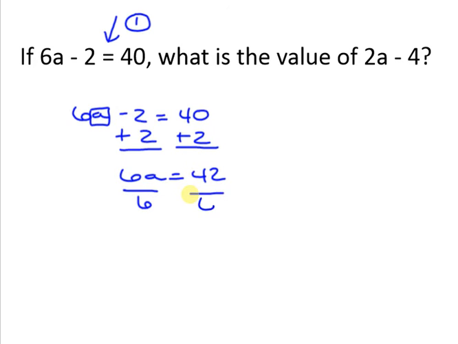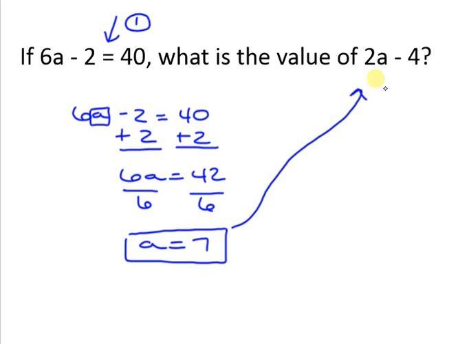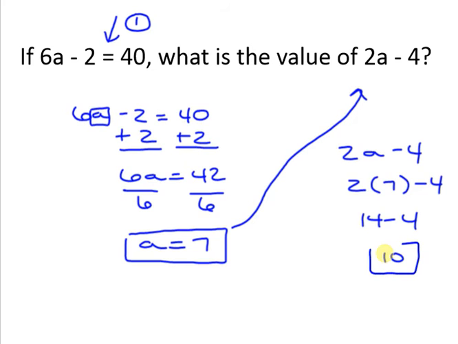Divide by 6. A equals 7. Now we're going to take it and plug it into the expression. 2a minus 4. So 2 parentheses 7 minus 4. 2 times 7 is 14 minus 4. 14 minus 4 is 10.